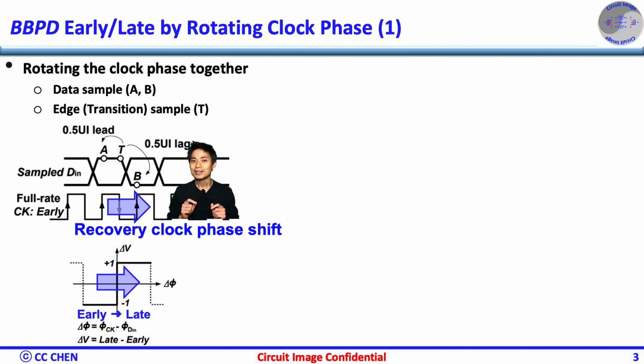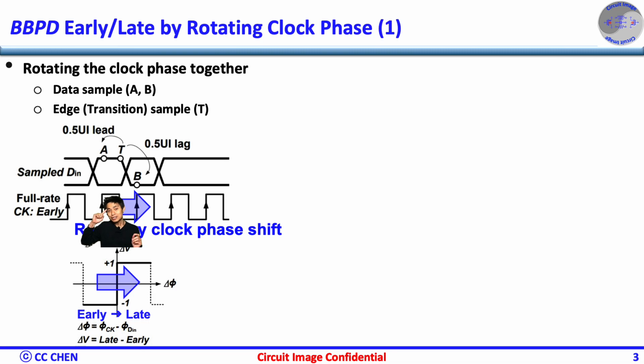Then, from the images of the clock phase earlier than the input data, the output of the bang-bang PD should be in the early region and pass to the late region, while the rising edge of the edge sample T passes the data transition.